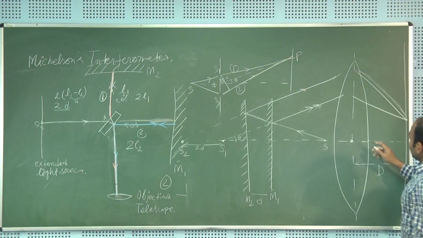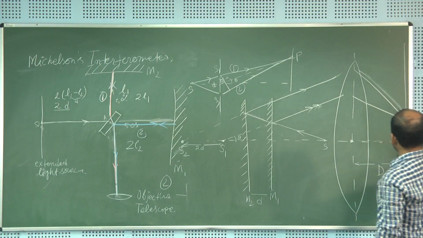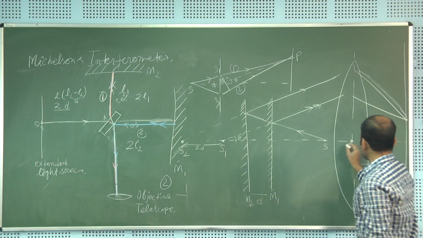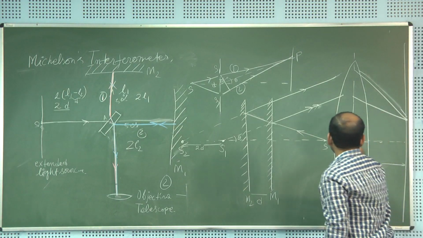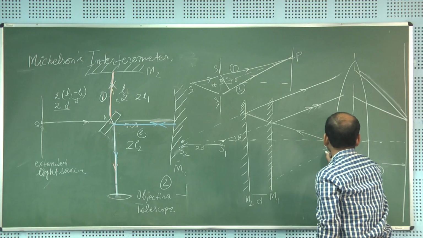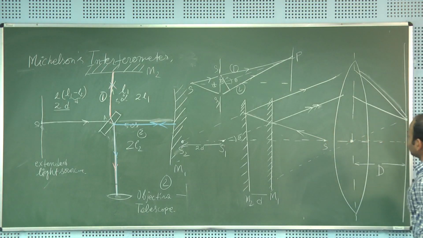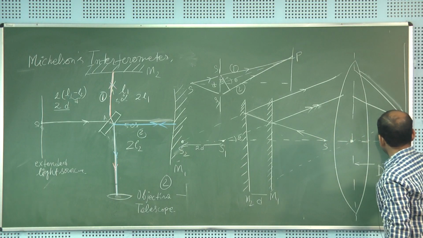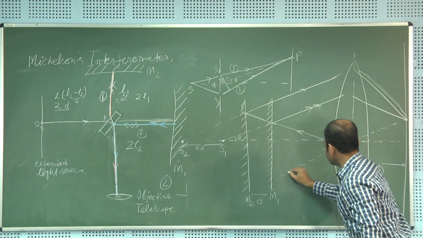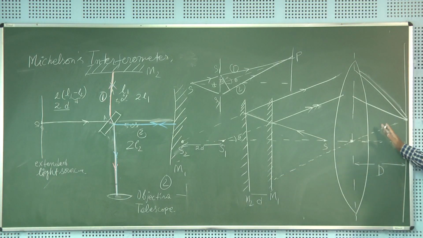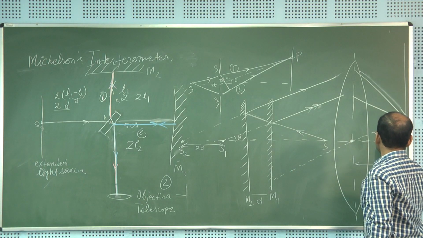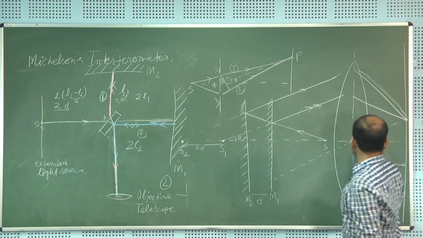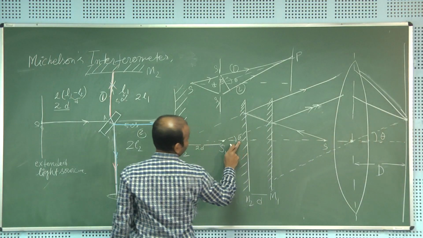And if I join these two points, any ray can pass through this and the focal plane. So, it would be like this, right. This is the principle that we use when we do the ray diagram for a lens, and then if you see that this is theta and these are parallel, this theta and this theta are the same.